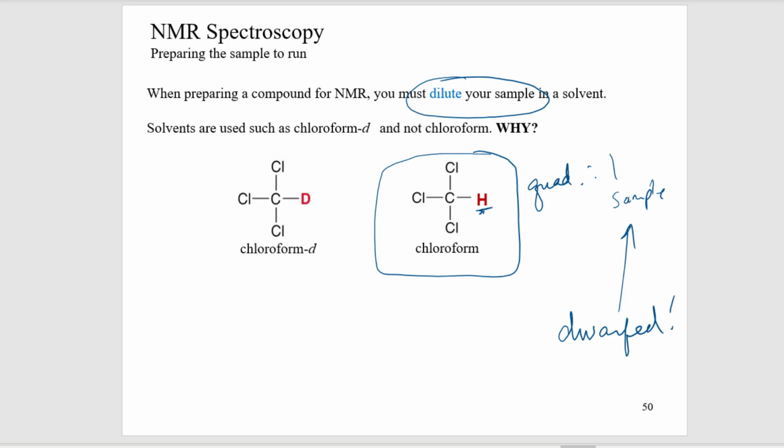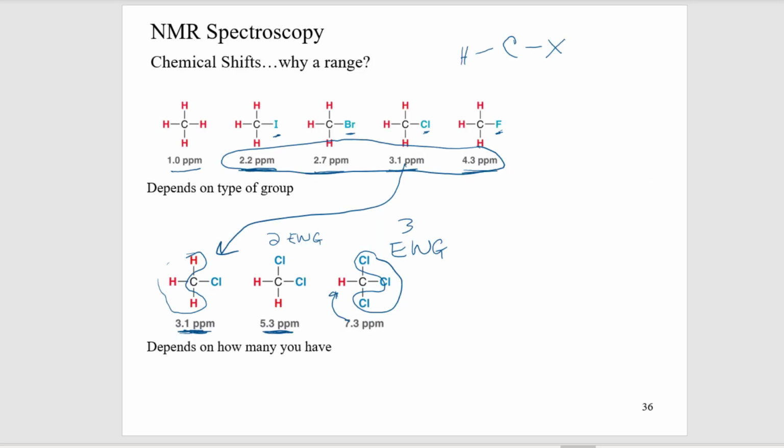So I happen to know, because we just actually talked about it, if you remember from this slide here, this last one, this is chloroform. And look at where it falls on the ppm scale, 7.3, 7.25 to be exact.